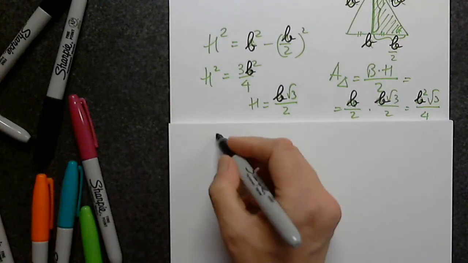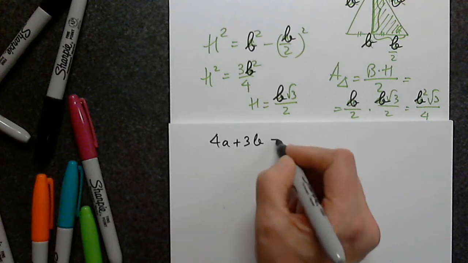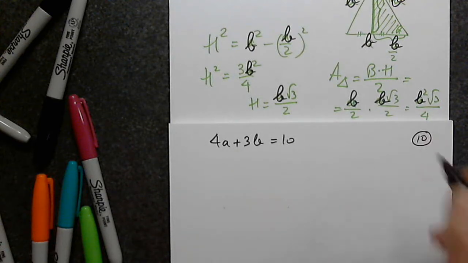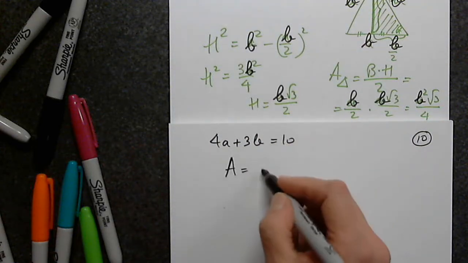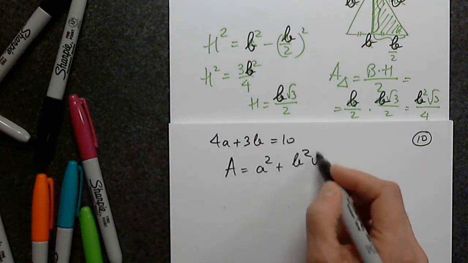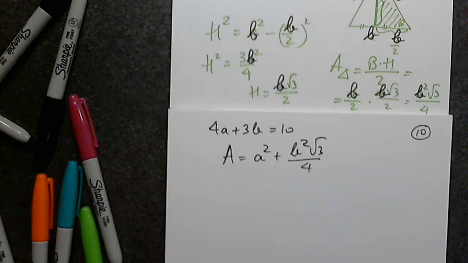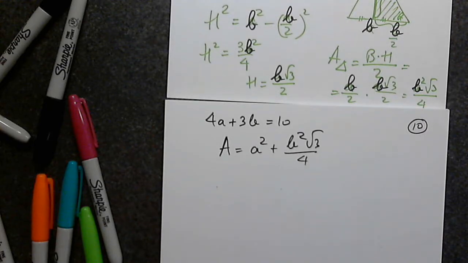So then 4A plus 3B equals 10. Now it doesn't matter what you want to solve for. I'm going to copy the area so I don't have to go back there. So just tell me which one you would like to solve for, and we'll replace it. And then we get the area as a function of one variable.